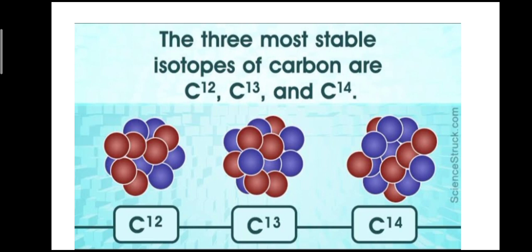That's what we call the basic unit. So we say 1 by 12 mass of the carbon-12 atom, because in the carbon scale, the least atom has the mass of 1 by 12 mass of carbon-12.